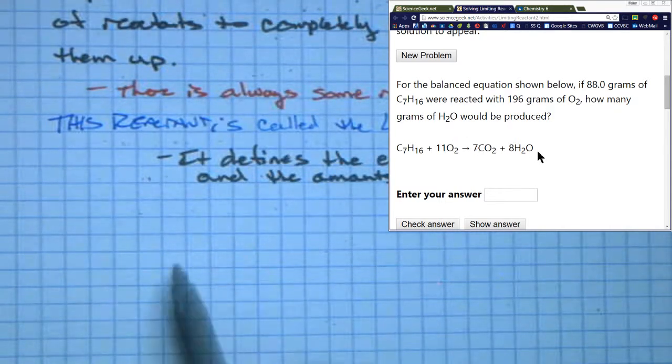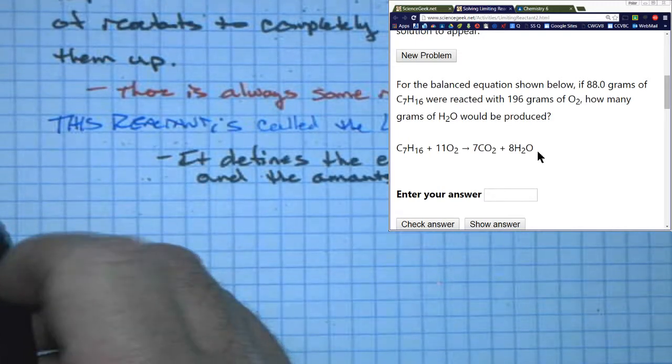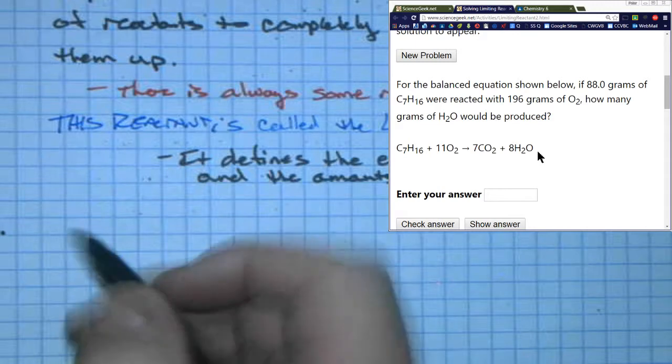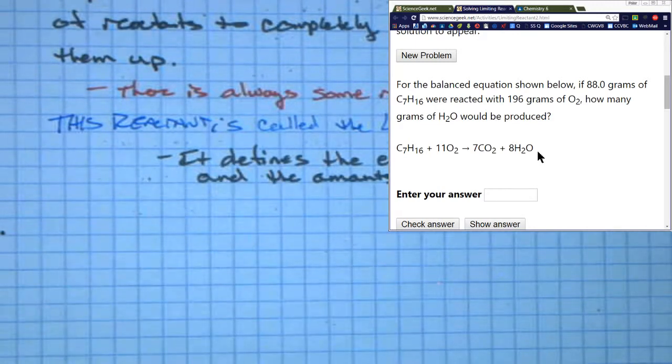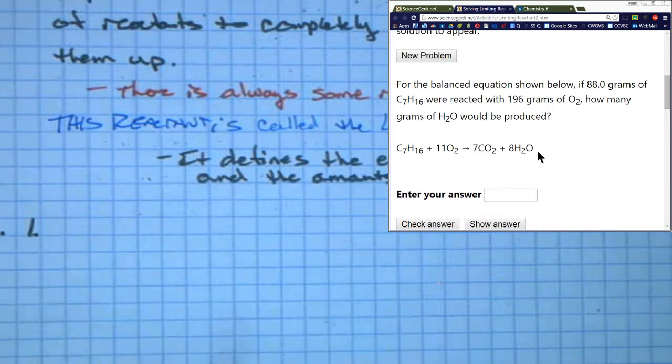So, here's where we start. Step 1: the first thing we do is identify the mole ratio from our chemical equation.